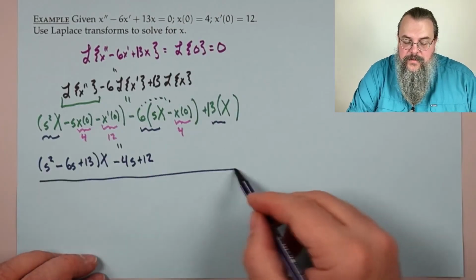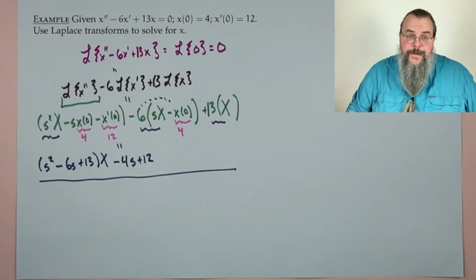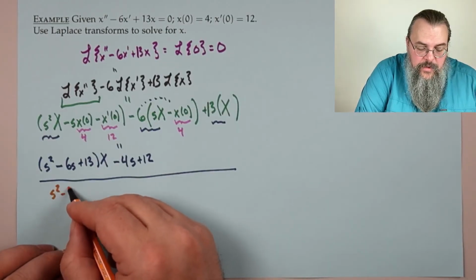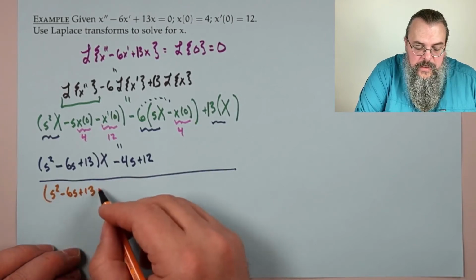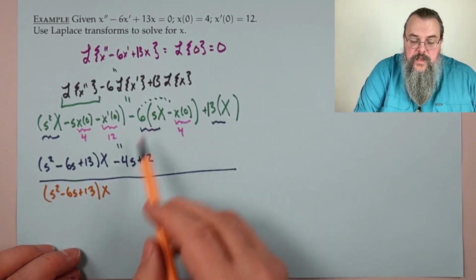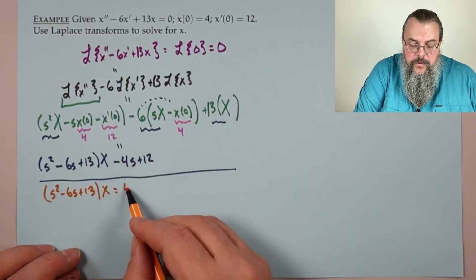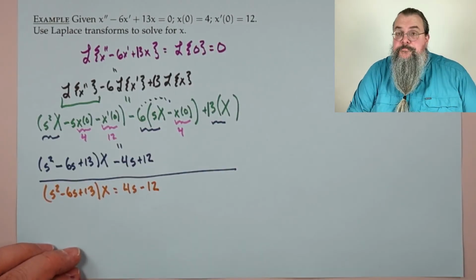All right, so let's write this all nice and neat on one line. We have s squared minus 6s plus 13 times x is equal to, because I can move these pieces across, 4s minus 12.